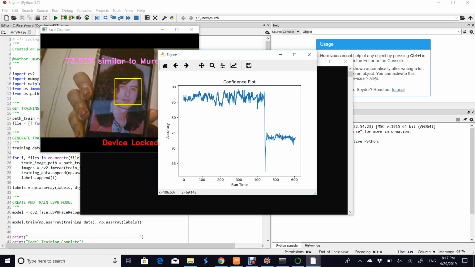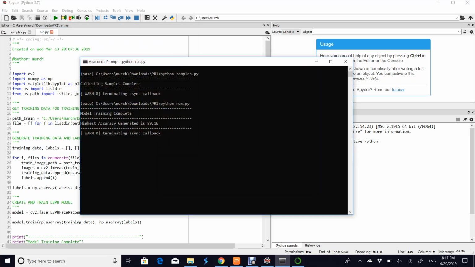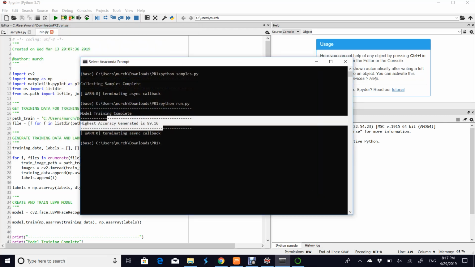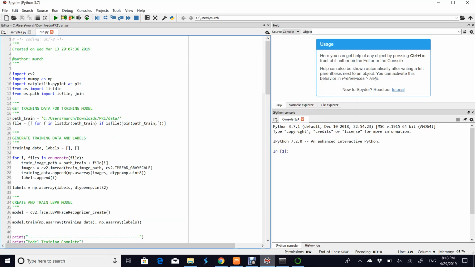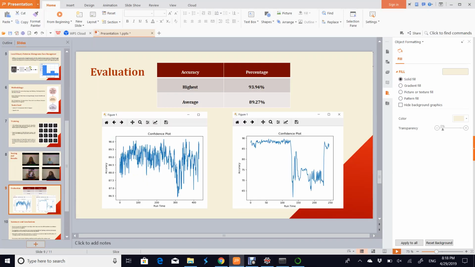And because of my phone, it did vary a bit, but with a normal person, it will be able to detect the face, it just won't be able to recognize it. The highest accuracy we got during this trial run is 89.16. As we said, that's the average highest accuracy, depending on the lighting condition and the quality of the camera being used. So let's get back to the presentation.